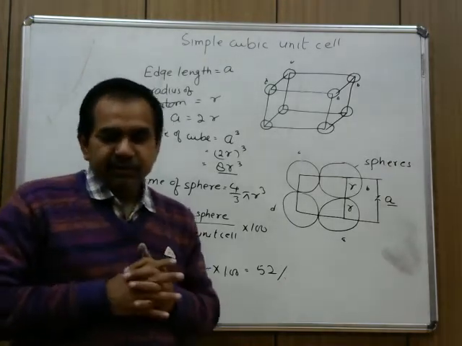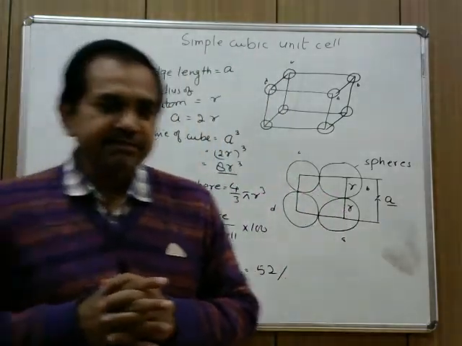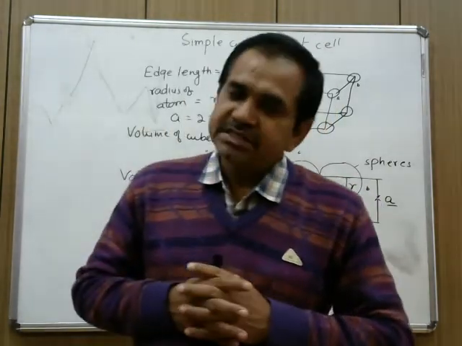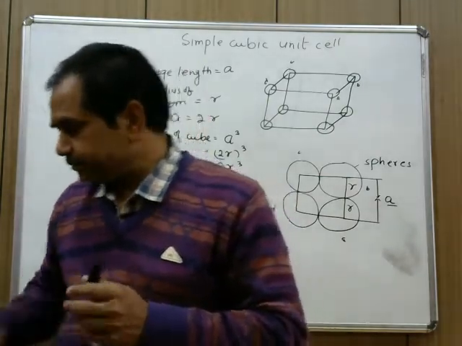Then by following the same type of guidelines, we can also calculate packing efficiencies for other types of unit cells like body centered unit cell and face centered unit cell.